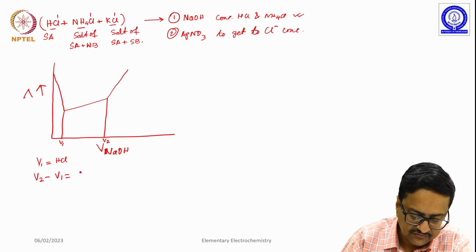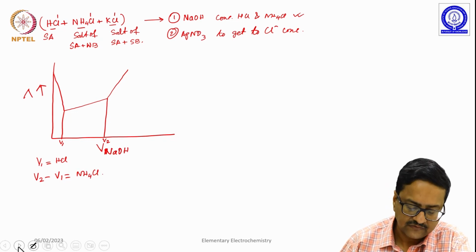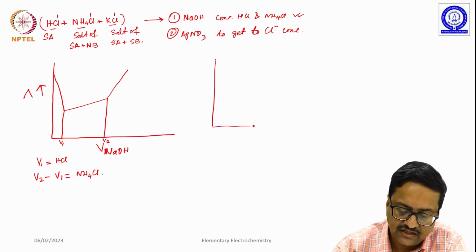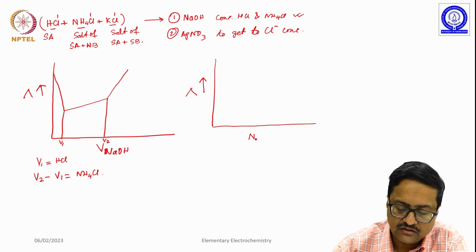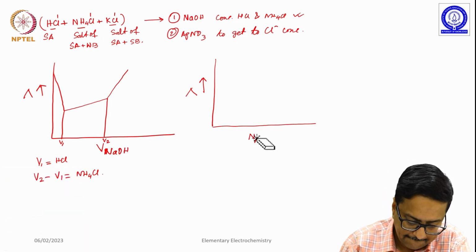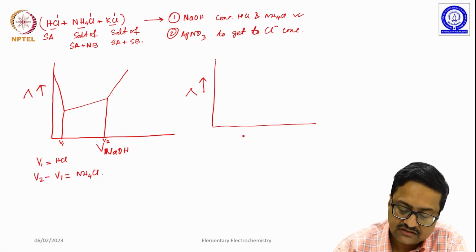V2 minus V1 will be the endpoint for ammonium chloride, right? And then the second titration, as we have also discussed in the previous lecture, the conductance of the solution will be measured while doing the titration with silver nitrate solution.